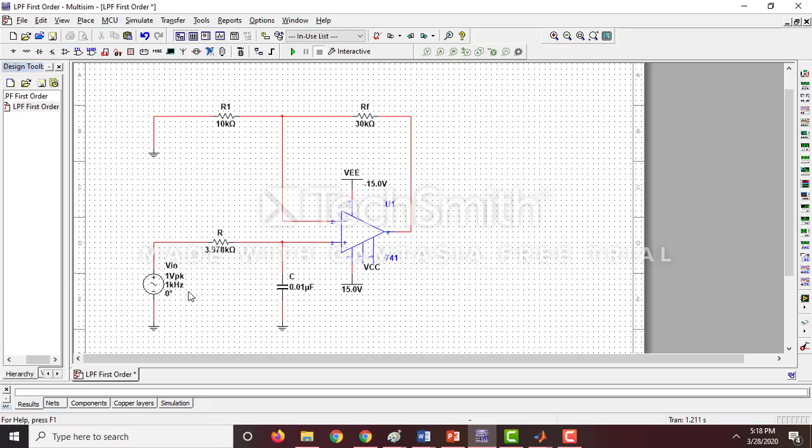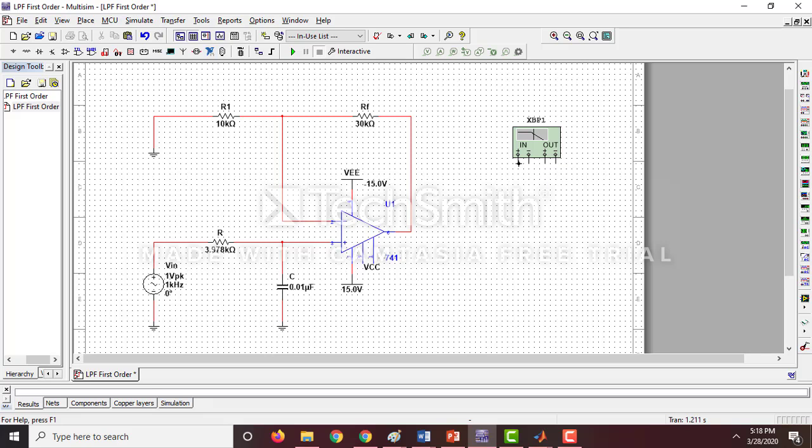But here I am interested in the frequency response characteristics. So in the right panel you can see something called the Bode plotter. So this I will take. The Bode plotter has two terminals, one is the input terminal and the other is the output port.